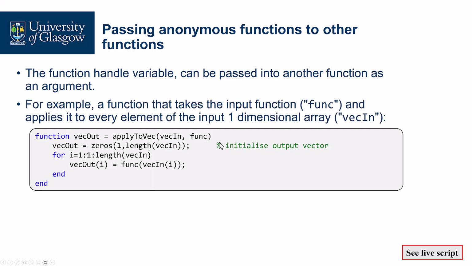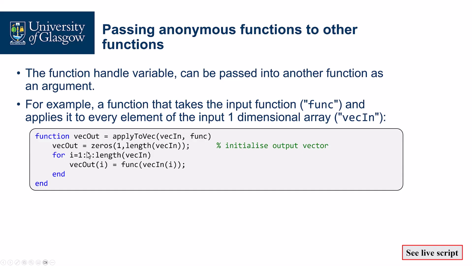This is a function: function vector_out equals apply_to_vector, parentheses, vector_in, func. We can see this function has 2 inputs. One is vector_in, which is a vector. This func is an anonymous function that we have defined, right?